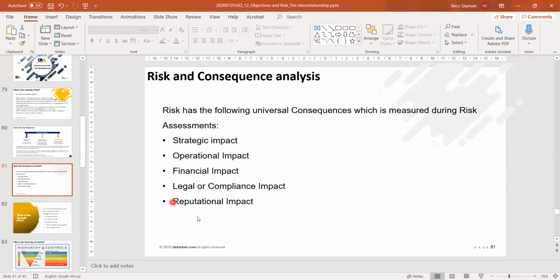So if you are having these 5 universal consequences and you are measuring each of these and you are saying, but my risk is A, B, and C, and this is having an effect on my strategic achievement of my objectives, then you've got a specific point where you need to go and address that.